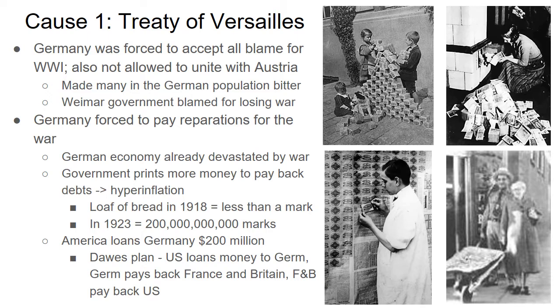And it was also mandated that they were not allowed to unite with Austria. So after the war had ended, Austria-Hungary had collapsed. And many Germans, and also Austrians, thought that, now that Austria doesn't have its own empire anymore, it would make the most sense for Germany and Austria to combine, because Austrians are Germans, culturally, ethnically, nationally.